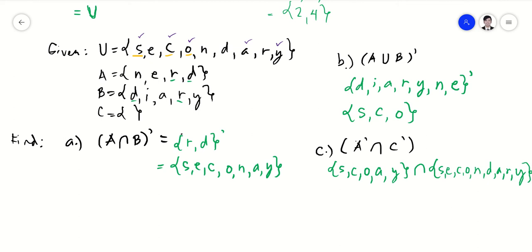That means we're looking for the commonality between the two sets. And that would be what? We have S, there is a C, there is an O, there is an A, there is a Y. So that would be S, C, O, A, and Y. That would be our final answer.